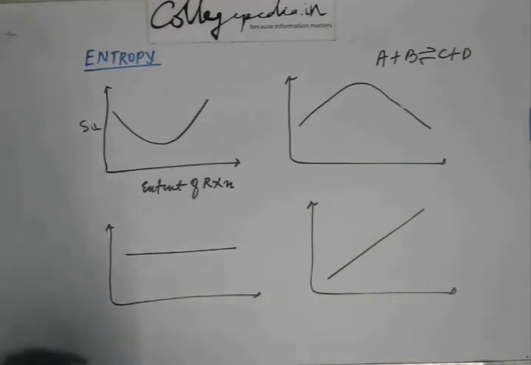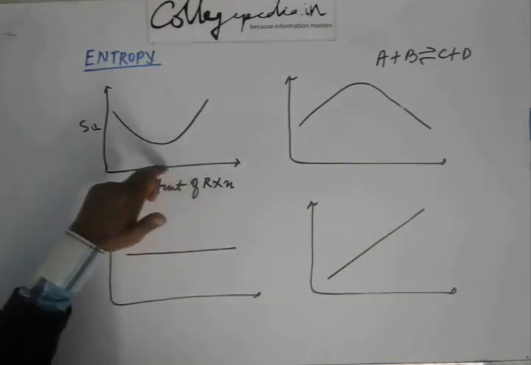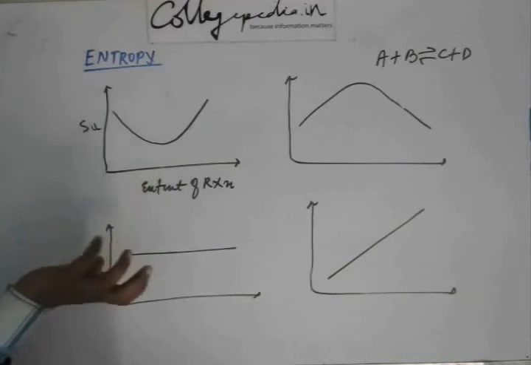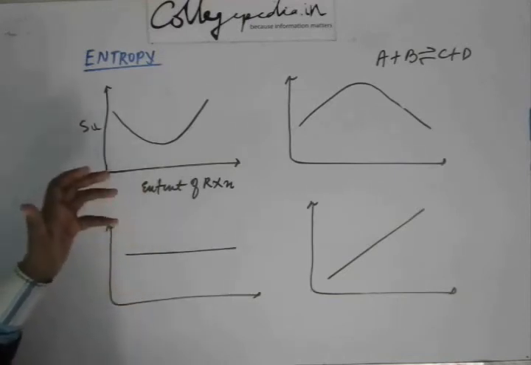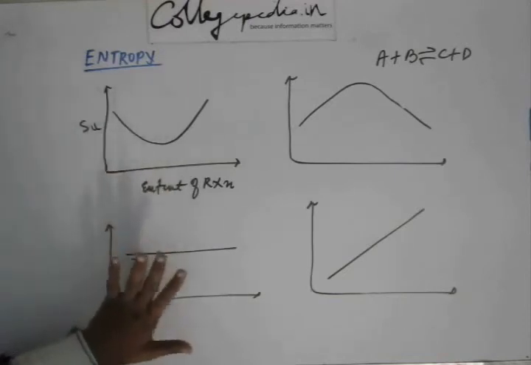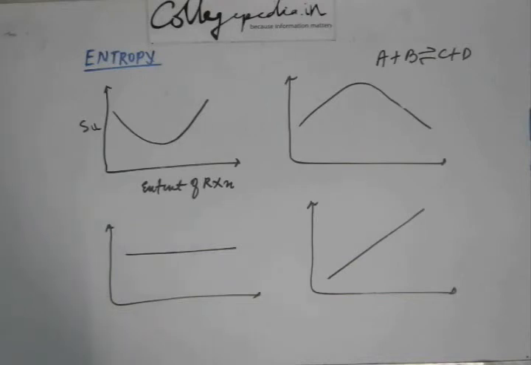Fine. So as the extent of reaction increases, at some fraction of this extent, at 0.5, 0.6, 0.7, equilibrium will be reached. And we have seen before that at equilibrium, delta S becomes 0. The change in entropy is 0. Because, as we have discussed before, in any spontaneous reaction, delta S is positive.